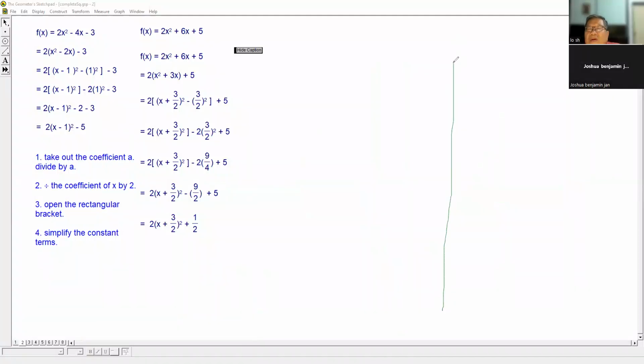Okay. So this is the y-axis. This is the x-axis. Can you tell me how much is the axis of symmetry? Not 1.5. Negative 1.5. Very good. So this is x equals negative 1.5.